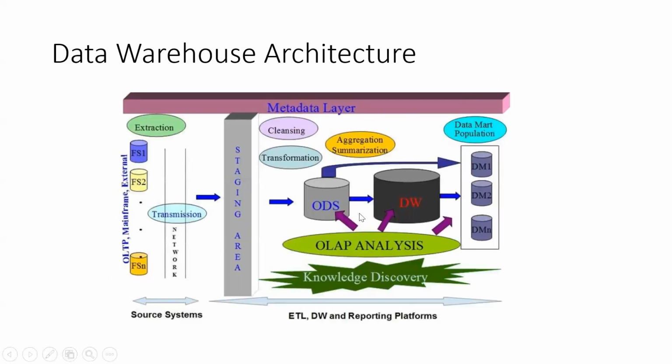Okay. So this is how the architecture looks. I just mentioned the ETL tool, but ETL cannot be done in a single way. The extraction means those are the transactional data, and there may be several sources of transactional data. Suppose you are working in the banking industry.